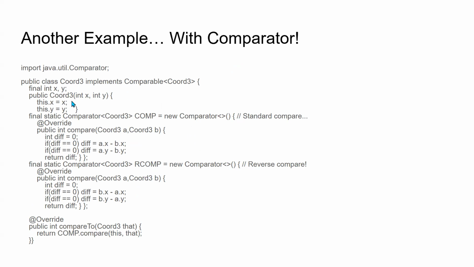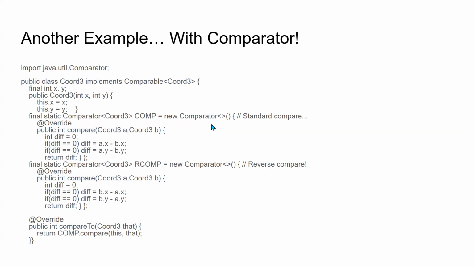Okay, here is coord3. This is going to be another coordinate type class, and it's going to be a comparable of itself. I have two comparators for it, and it's also a comparable. So I have a final static comparator of coord3 called comp.